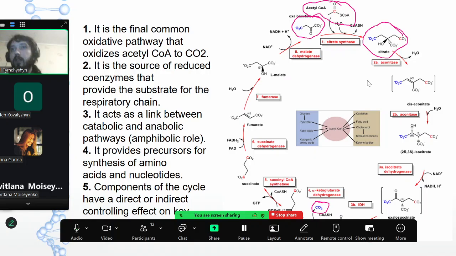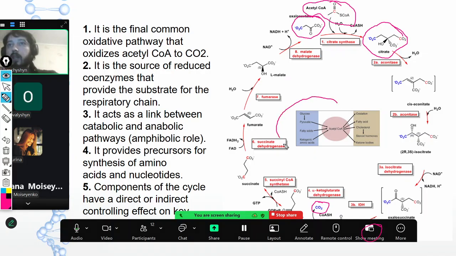So here it is, and here you see some smaller inset in this image. When we get from the glucose to the pyruvate and to the acetyl-CoA, first of all, we can get to acetyl-CoA by a few different pathways. We can get there from fatty acids, I guess beta oxidation, or from ketogenic amino acids.